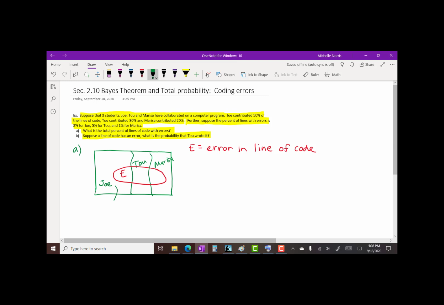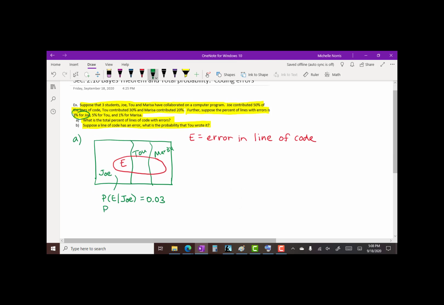For example, the probability of an error, given that the code was written by Joe, is 0.03. So 3% of the lines of code written by Joe are errors. We also know the probability of an error, given that the code was written by 2, is 0.05, and the probability of an error, given that the code was written by Marissa, is 0.01.